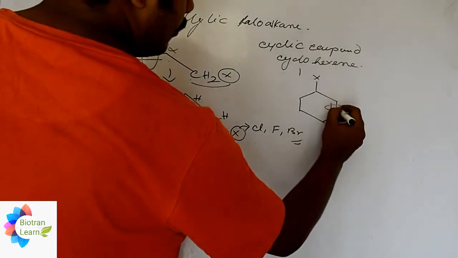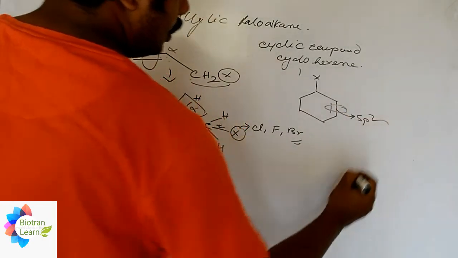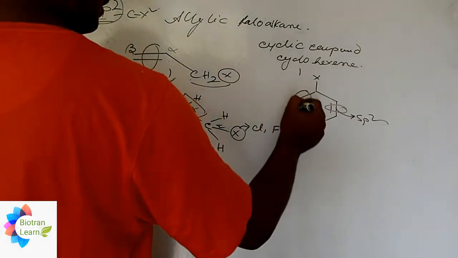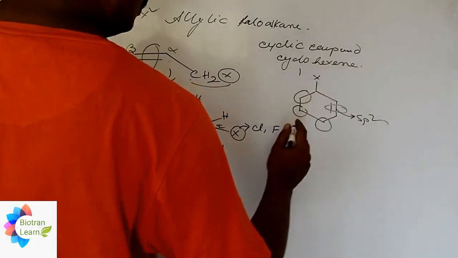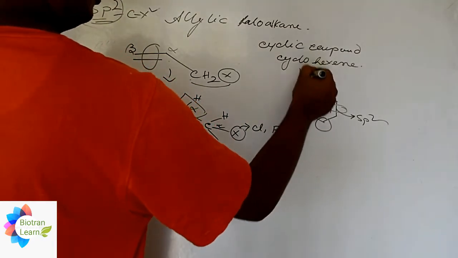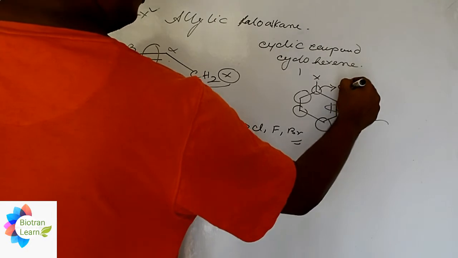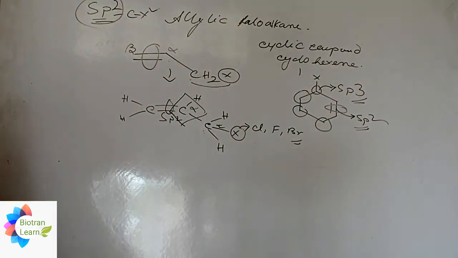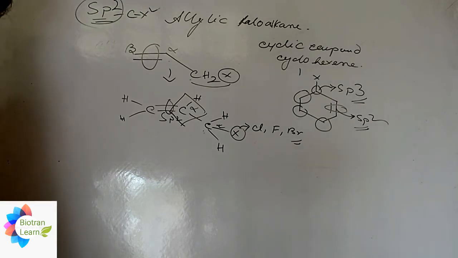So it is having an sp2 center in this section, right? But all these carbons 1, 2, 3, and even this one, all this one will be sp3 hybridized, and this one will be sp2 hybridized in this particular case.